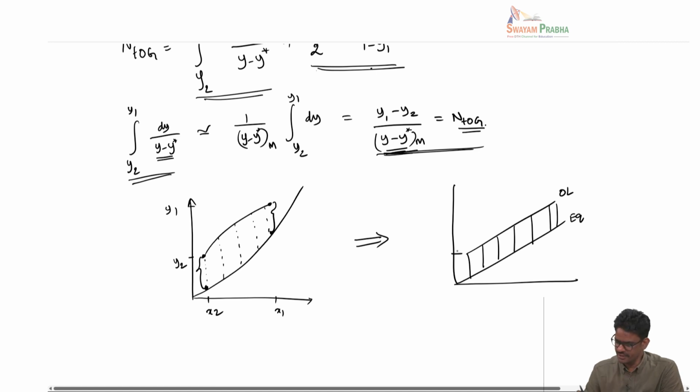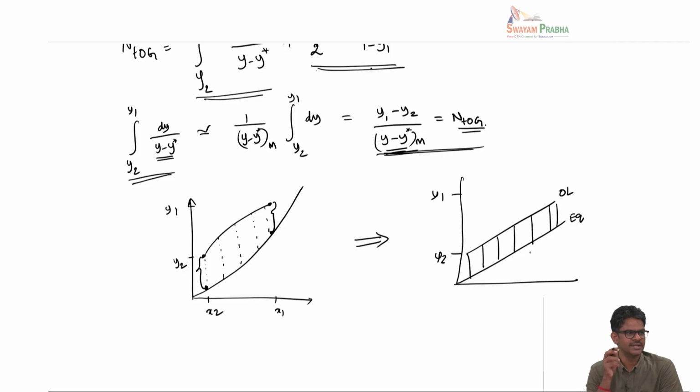For the same y2 and y1, this is y1 and this is y2, right? And the average driving force here is kept constant. So this problem is mapped into this kind of a problem, where the actual difference in the driving force is approximated to have a constant average value across the column.